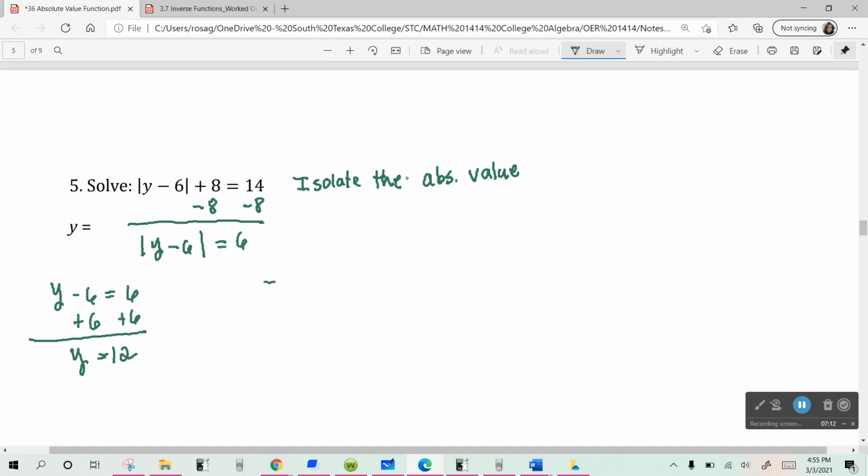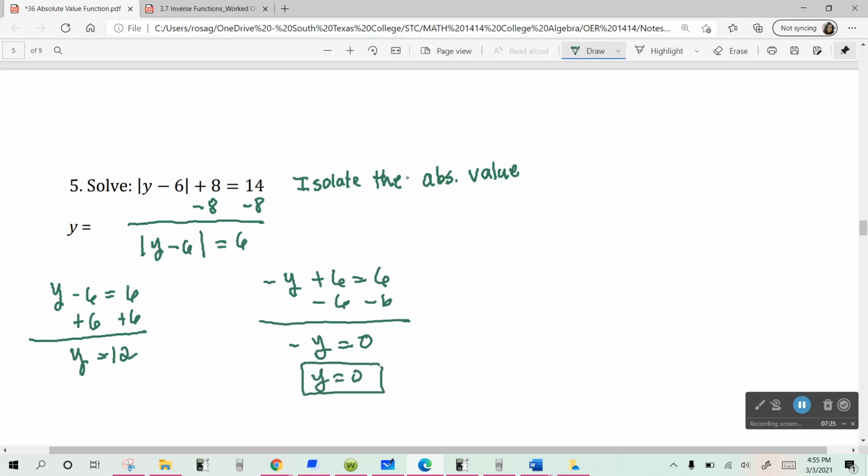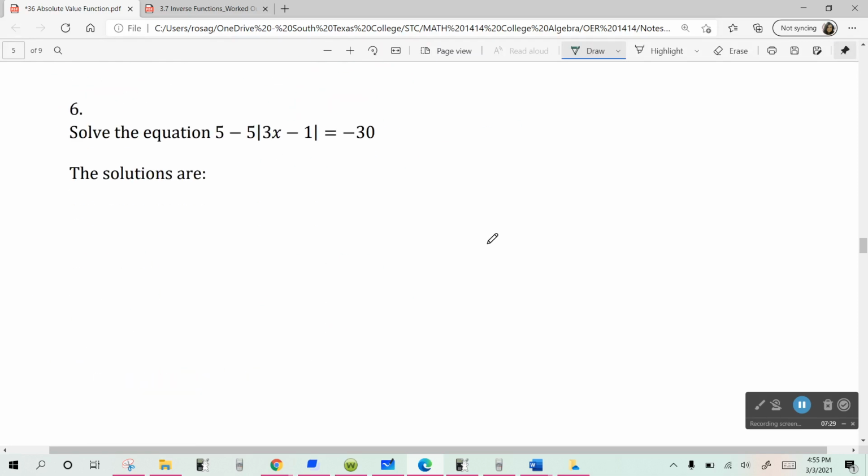And on the other one, I'm going to change the y to a negative, the 6 to a positive. And then same thing here. I'm going to leave the absolute value by itself first. So I'm going to move the 5.